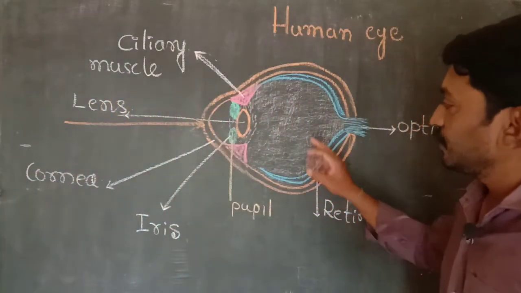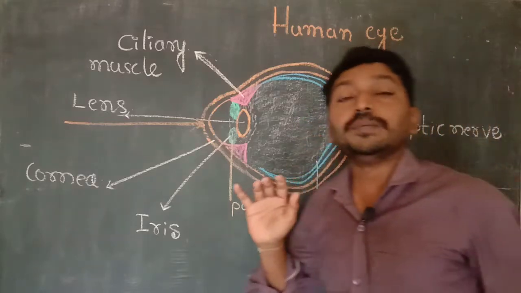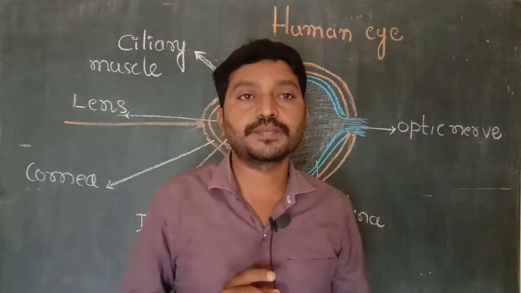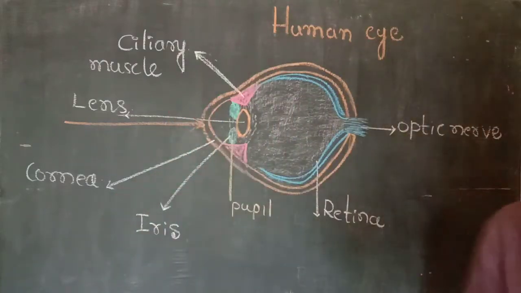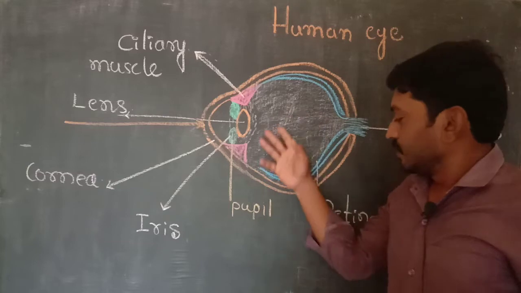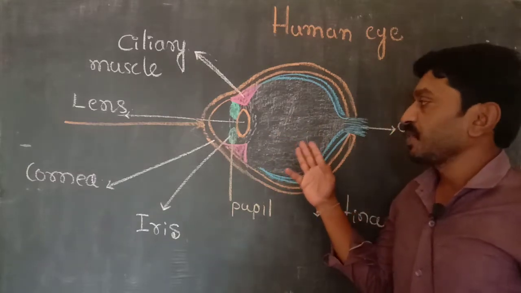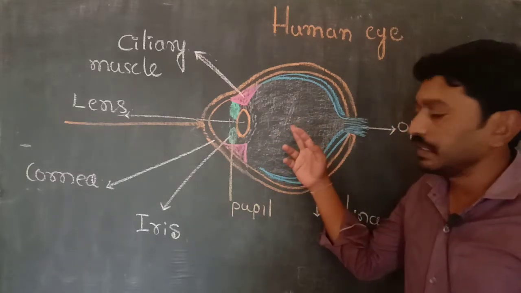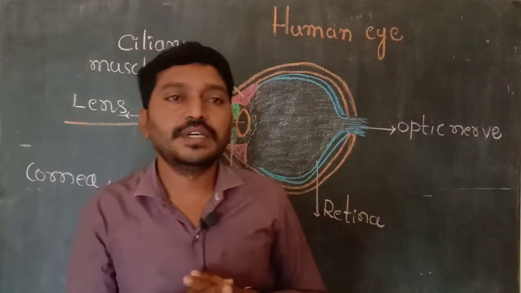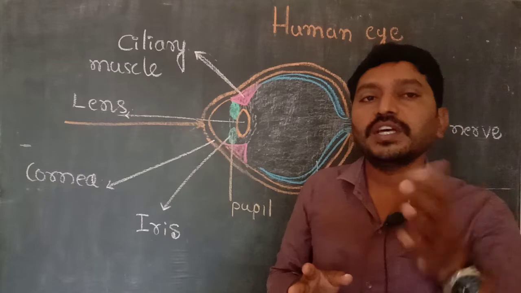And then, the retina contains two important cells: cones and rods. Students, this is the main important part of the eye, the retina. The retina contains sensitive cells like cones and rods. Actually, the number of rods is more than the cones.